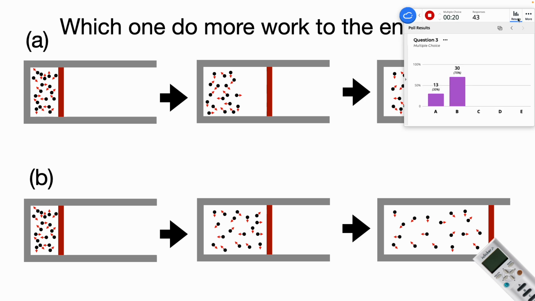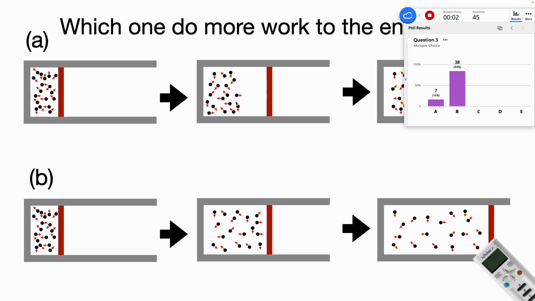Again, the key is the distribution of gas. On the top, the gas doesn't have enough time to distribute evenly again to the right of the wall. You need to have gas particles bouncing off the piston to create pressure.